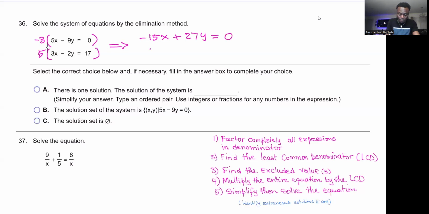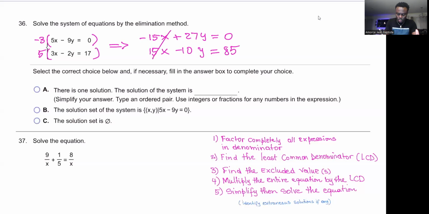And then positive 15x, you see how the x's have the same number with opposite signs, which will allow the simplification of this. And then minus 10y equals, what is 5 times 17? 85.